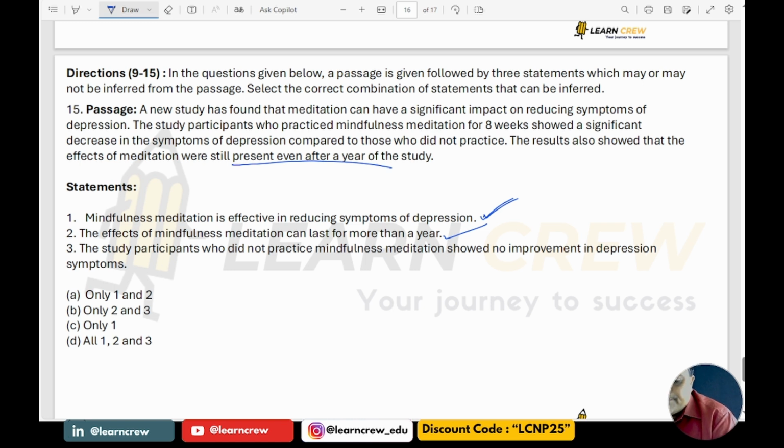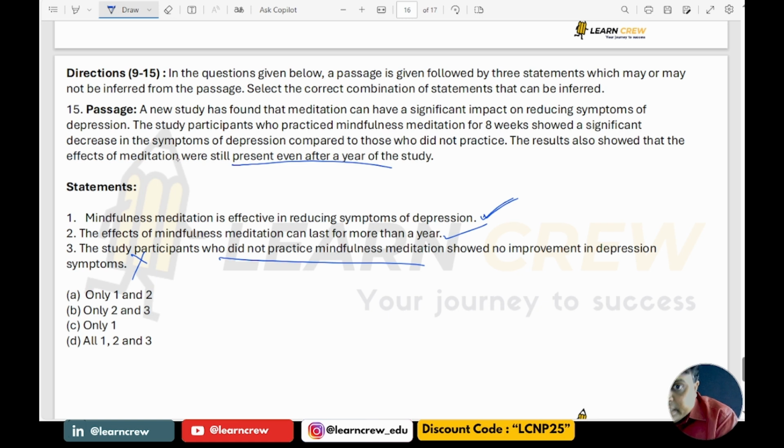Now what about the third? The study participants who did not participate in mindfulness meditation showed no improvement in depression symptoms. So here 3 cannot be inferred because it does not mention anything about the improvement of depression symptoms in those who did not practice mindfulness meditation.